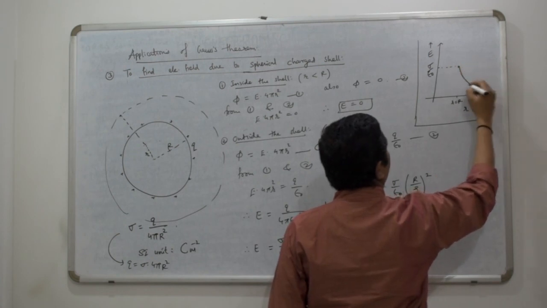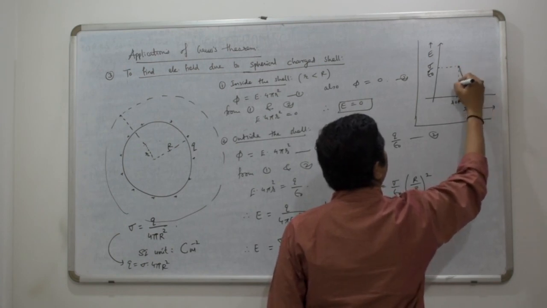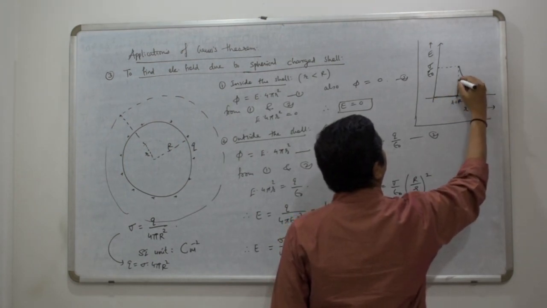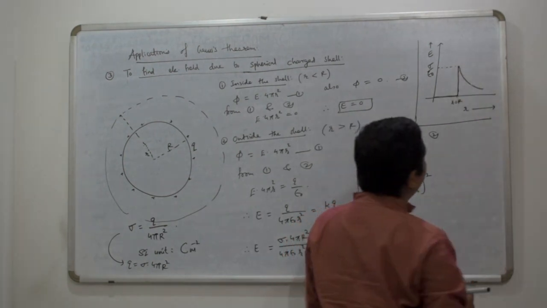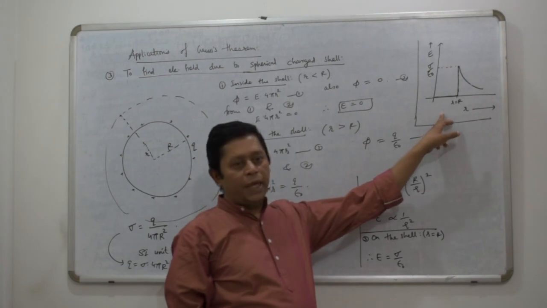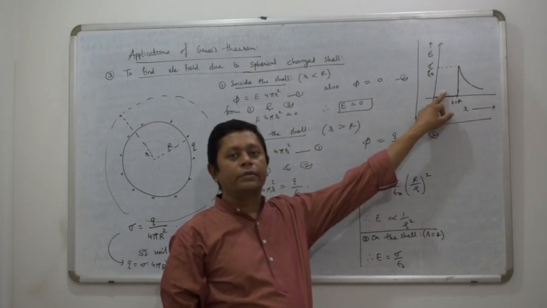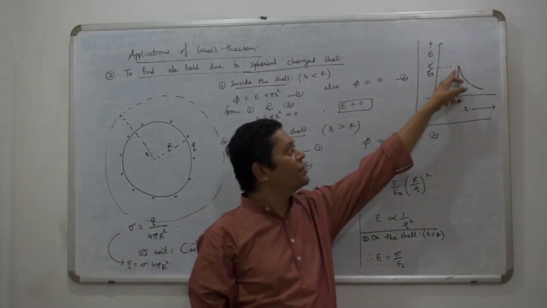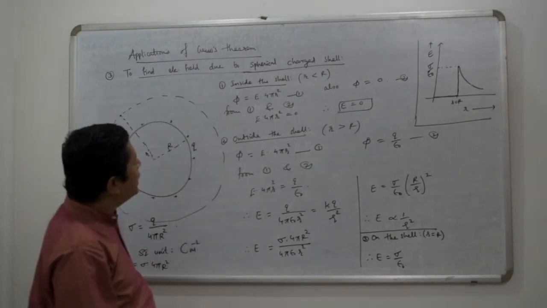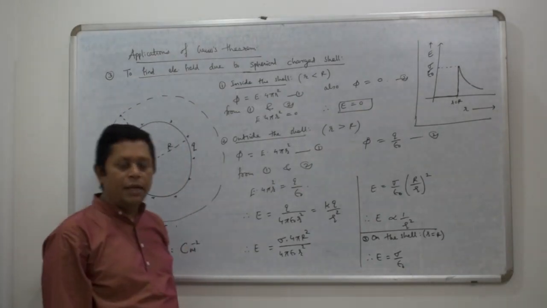Outside it is inversely proportional to r square, inside it is 0. So this is how the electric field varies. From the graph you can see inside the shell electric field is 0. On the surface it is sigma by epsilon 0. Outside it is inversely proportional to r square. This way the variation of electric field due to a charged shell can be represented.